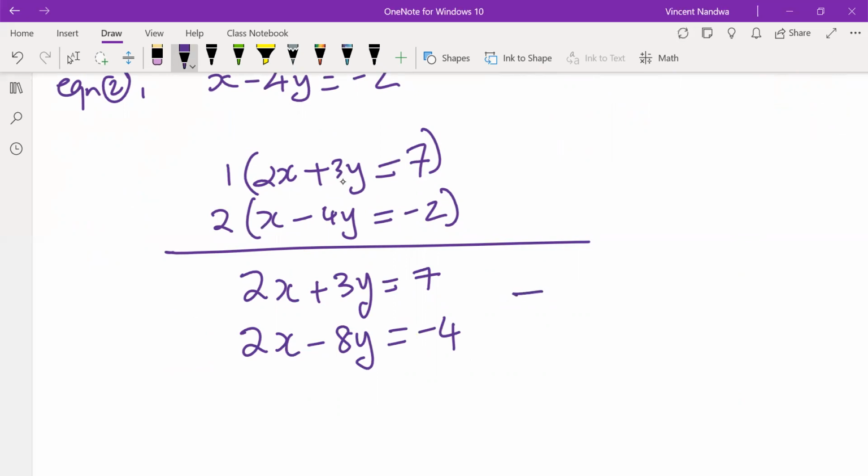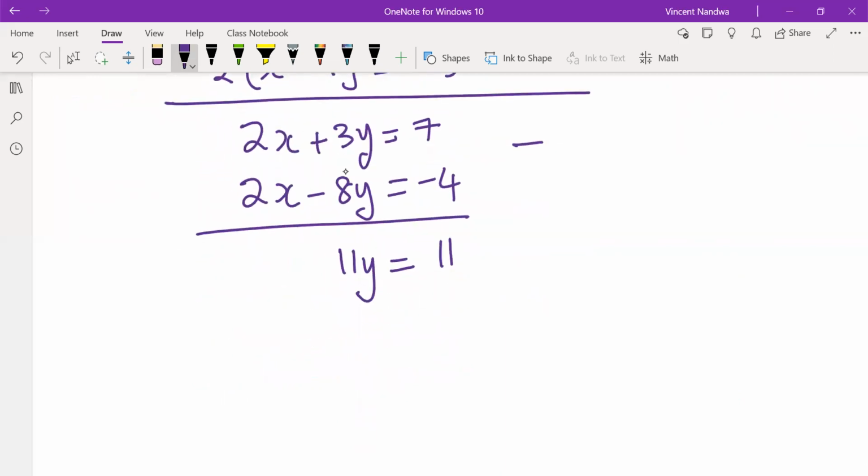And then we subtract. 2x minus 2x is 0. 3y minus minus 8y is 11y. 7 minus minus 4 is 11. This tells us that 11y equals 11. We need to divide through by 11 to get y. So y equals 1.